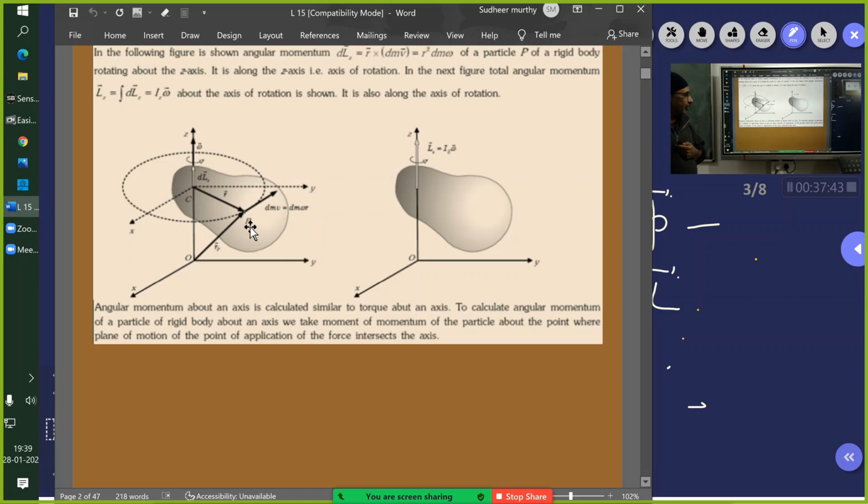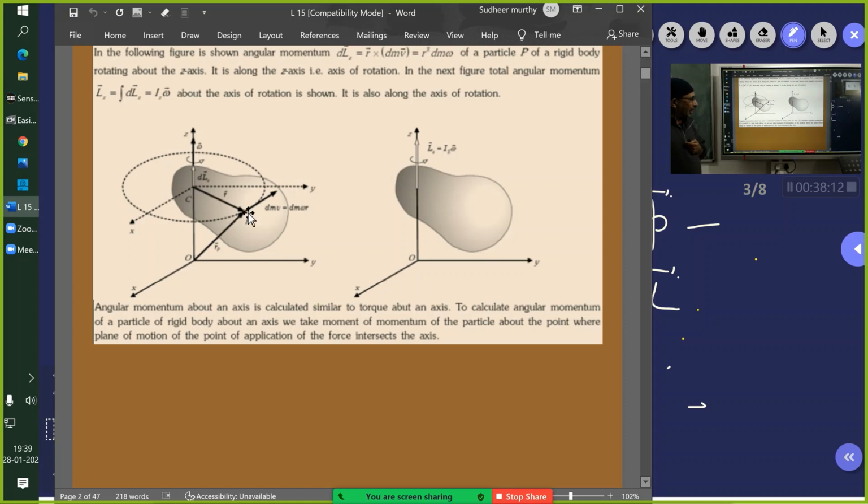P is a particle on the body. There is a reference, and we have x, y, z axes. This particle P is referenced from a point here.